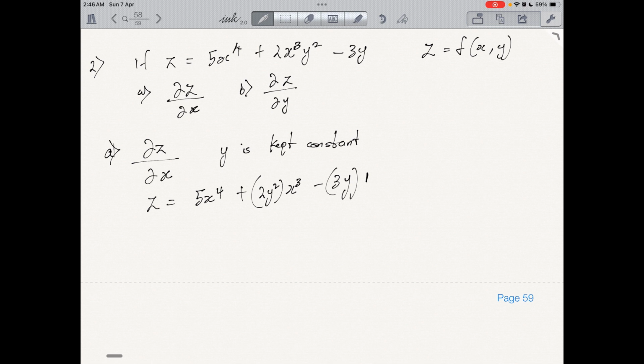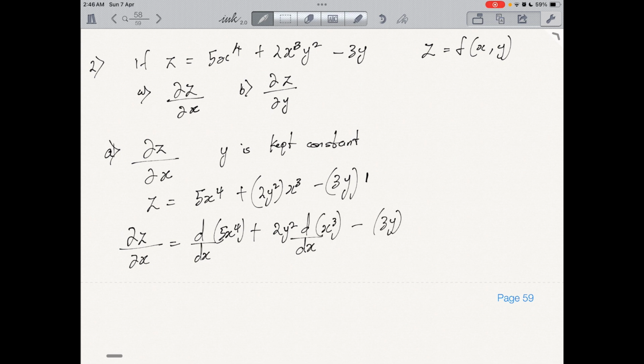Therefore, partially differentiating z with respect to x, we have d/dx of 5x raised to power 4, plus the constant of 2y squared multiplied by d/dx of x raised to power 3, minus the constant of 3y multiplied by the differentiation of 1 with respect to x.